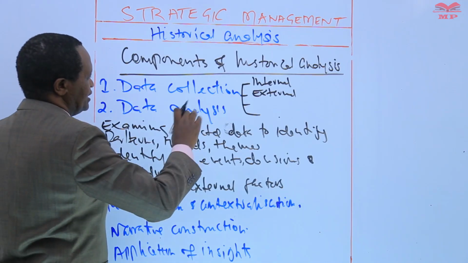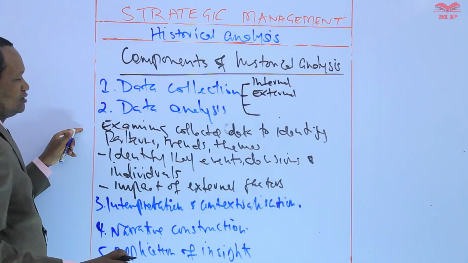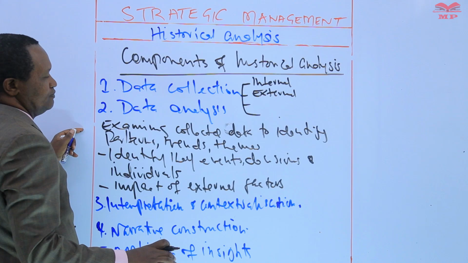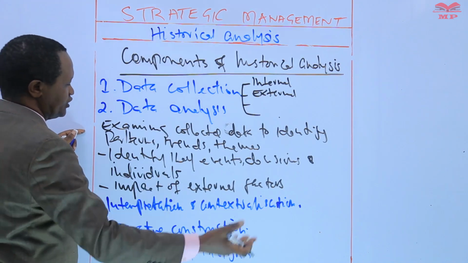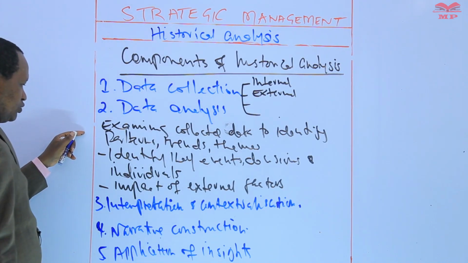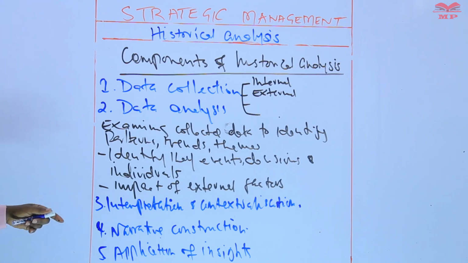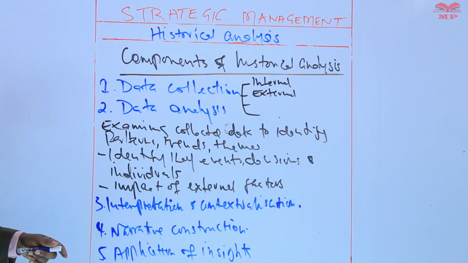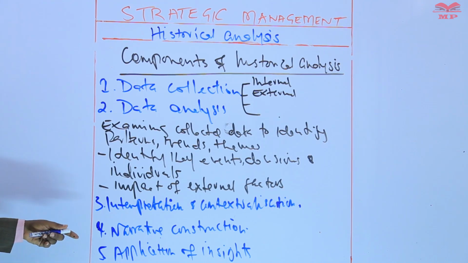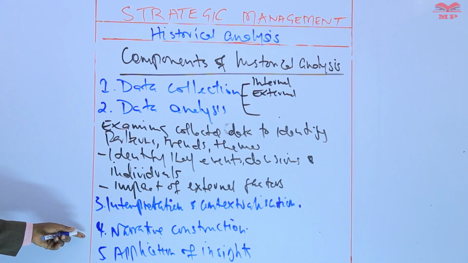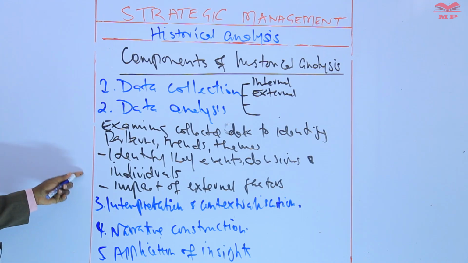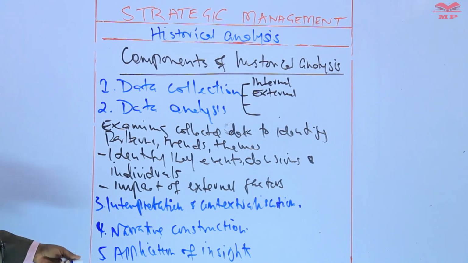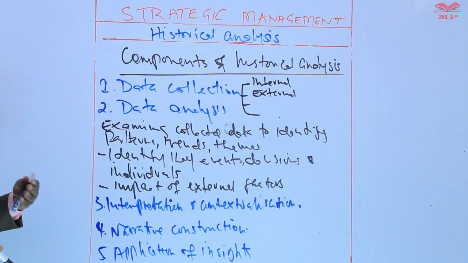Then that data is analyzed by examining and identifying trends, patterns, and themes, and so on. After analyzing the data, it is contextualized and interpreted. Then, based on the data that is analyzed, it's possible to build narratives, constructing narratives.